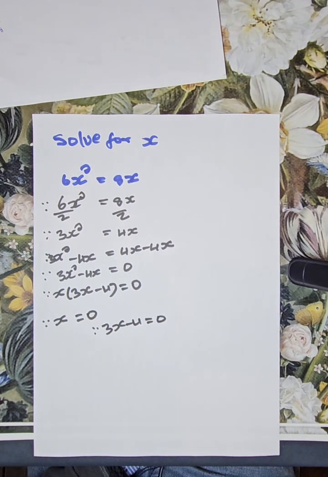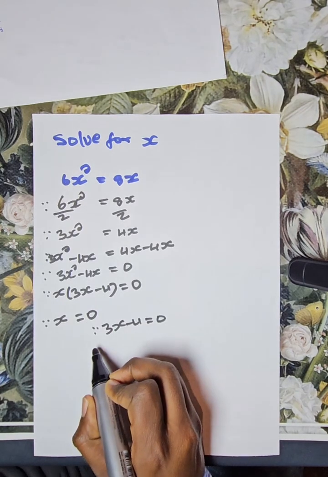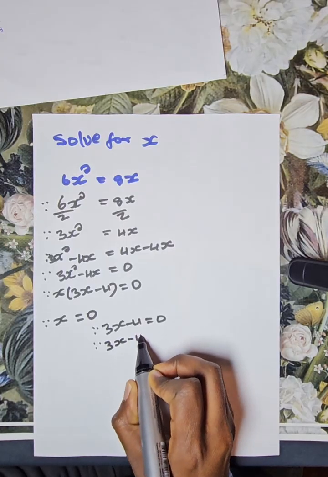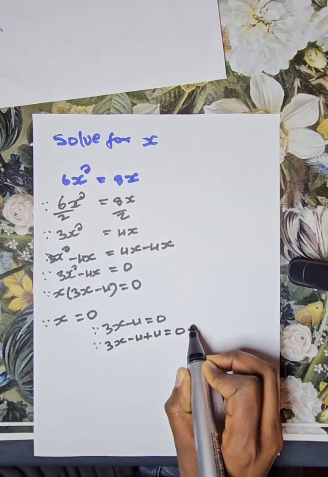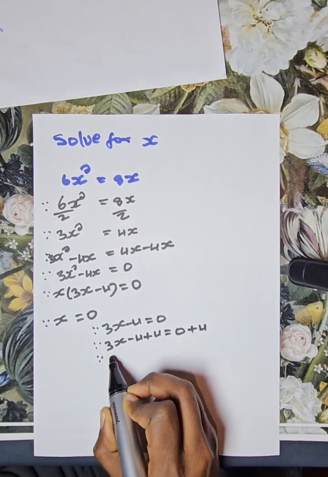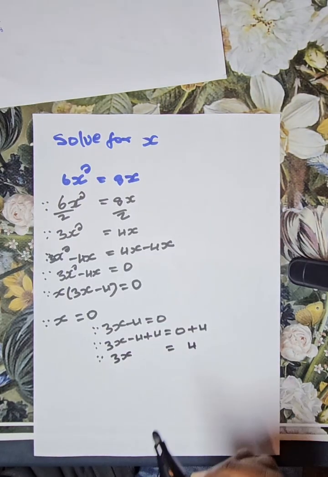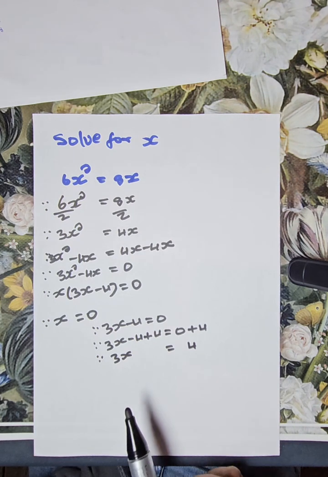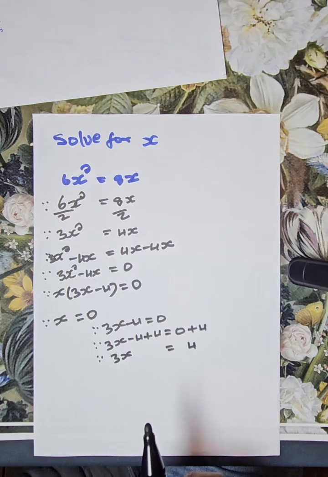We need to isolate the x. We need to get rid of the minus 4, and we do this by adding 4 to both sides. Well done. This simplifies to 3x equal to 4. Now we still need to get rid of this 3, the coefficient of x.